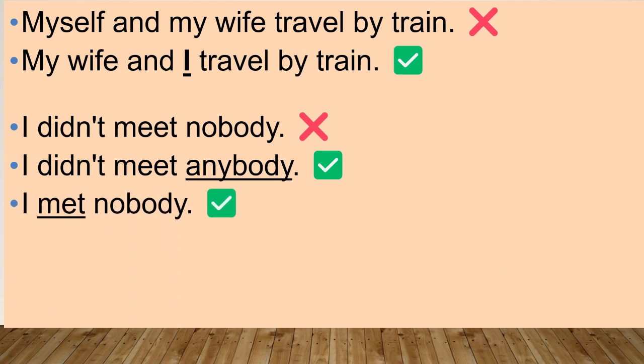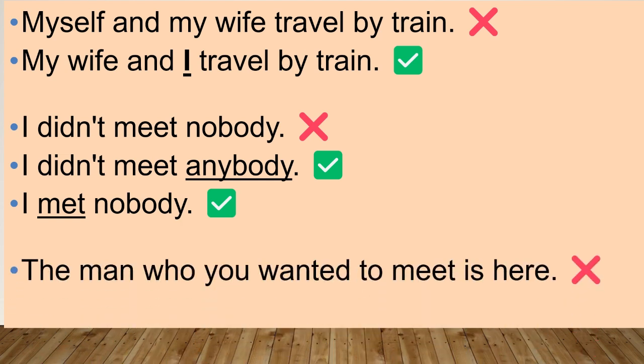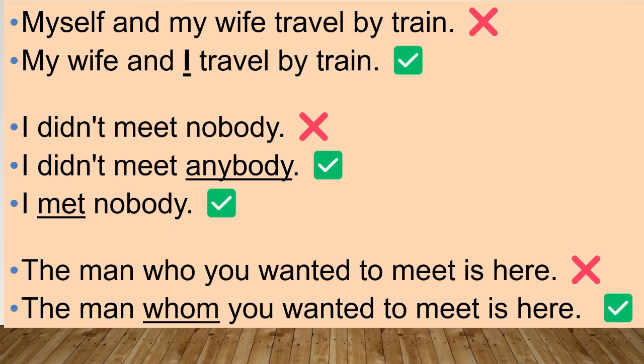You can also say, I met nobody. Instead of saying, I didn't meet anybody, you can say, I met nobody. The man who you wanted to meet is here. This is not correct. The correct form is, the man whom you wanted to meet is here.